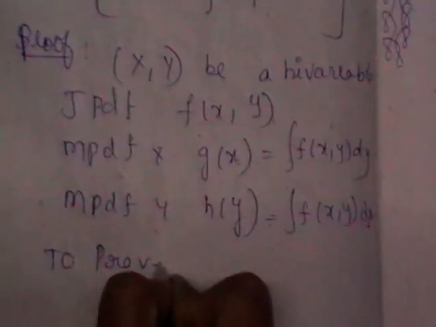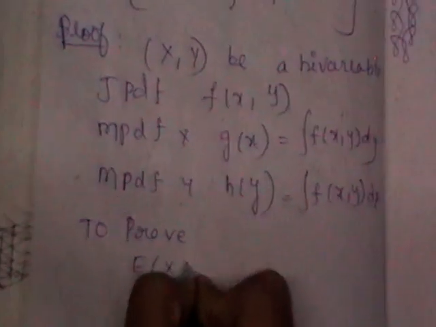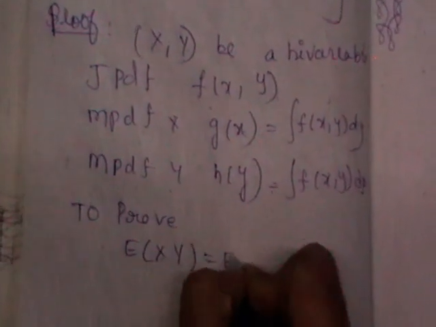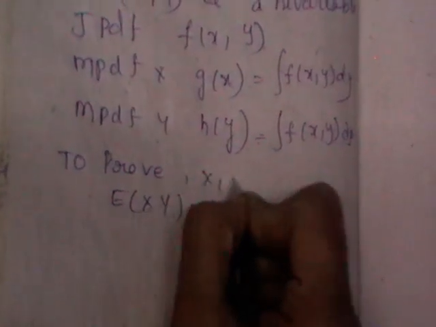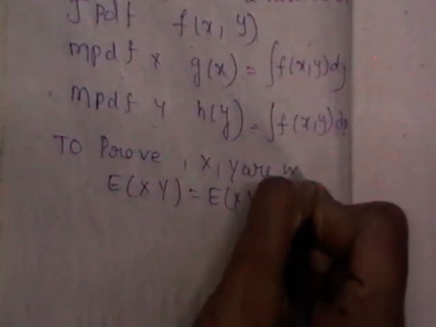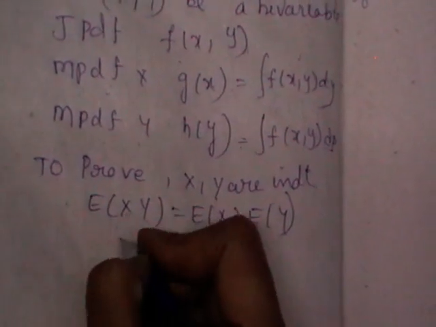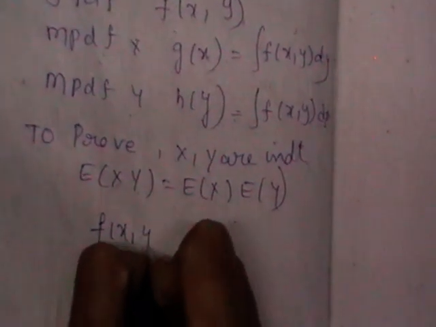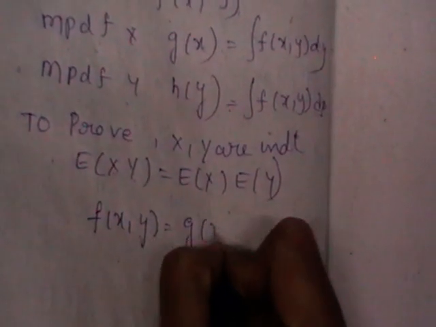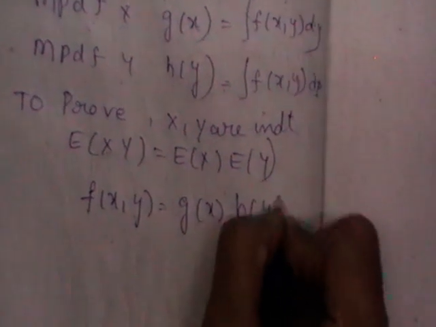What you need to prove? You need to prove that E of XY is equal to E of X into E of Y when X comma Y are independent. When they are independent only we can prove this. So we have already proved that whenever the variables are independent, f of xy is equal to g of x into h of y.